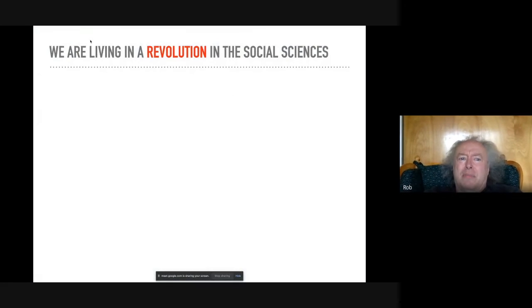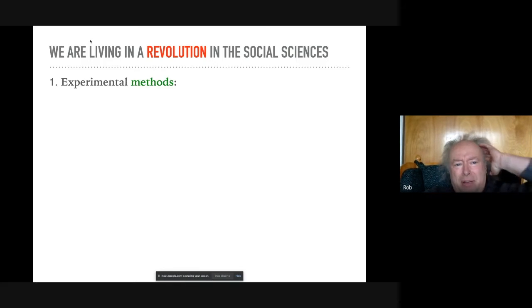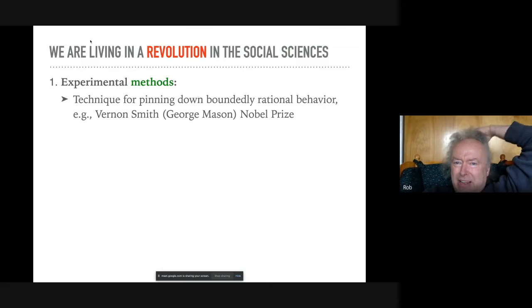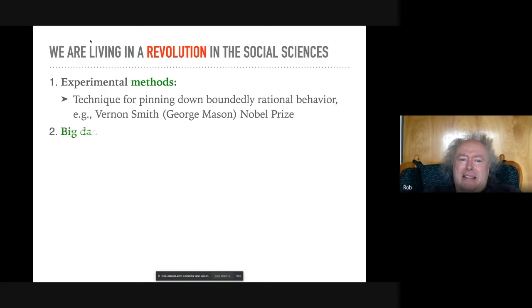Okay, so here's the basic setup. In the social sciences, and I sit in computational social science at George Mason, we really do have a different world than when I was a graduate student, for example. We have ways to get data that we didn't have, say, 30 years ago. For example, many of you will know about experimental methods where we can put people down in laboratory settings and get data that way.